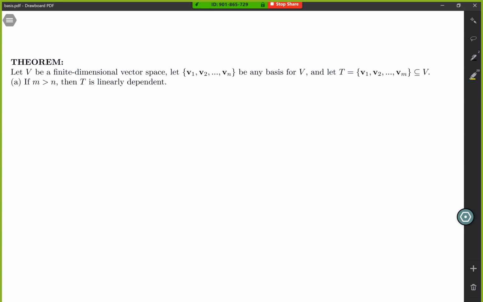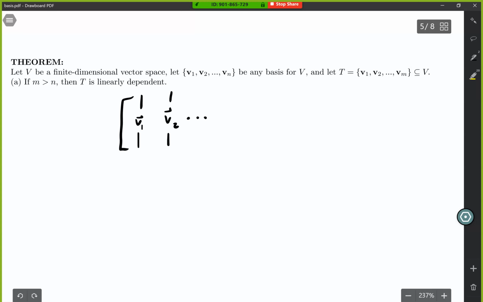Let's think about why, in terms of just Rn, that would be true. What if all of these vectors were in Rn? Well, then if I try to put it in matrix form, now I'm not saying that all of these had to be vectors in Rn, by the way, but assume they were to start with. Say I was trying to check whether or not this was linearly independent.